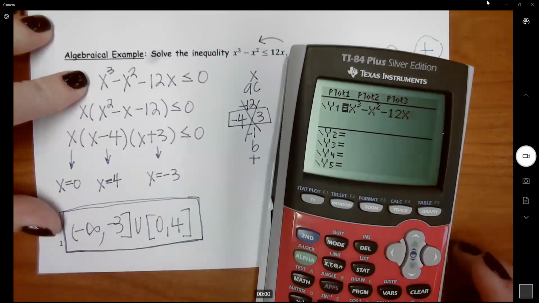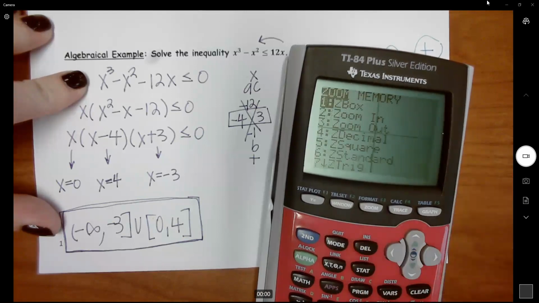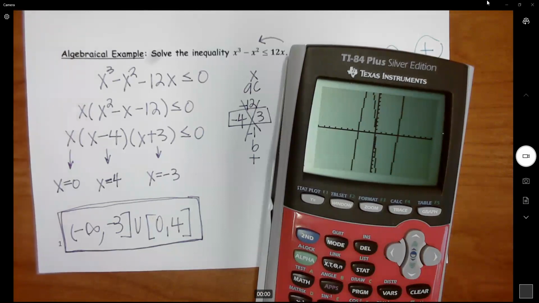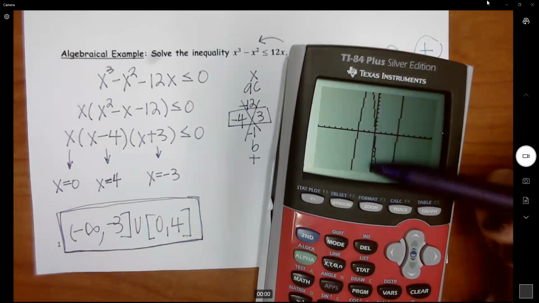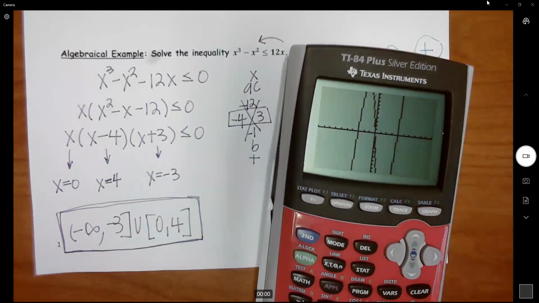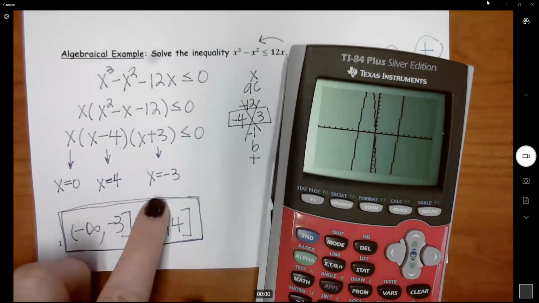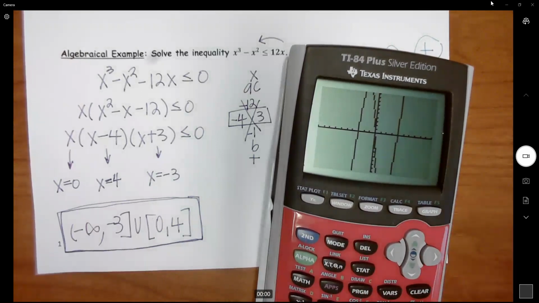You put that in. You go Zoom standard. And here is my function here. So where is it below? Right here. And where is it below? Right here. And if you can solve these, then you will know that this is negative 3, 0, and 4. And so you can just see where it is below.